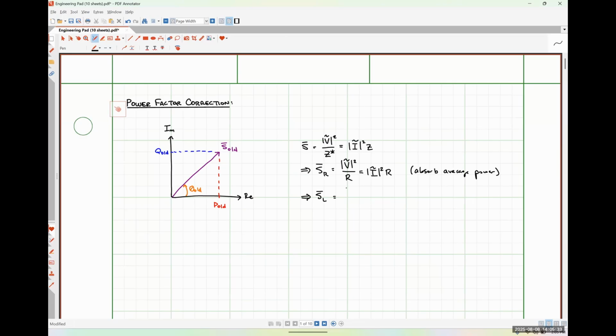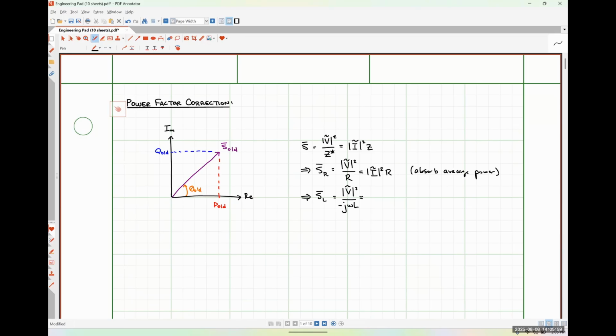If we were to look at an inductor, we would have the magnitude of the voltage squared divided by negative j omega L, because that is the conjugate of our impedance. And you might recall that 1 over j is the same thing as negative j. So 1 over negative j is the same thing as positive j in our numerator.